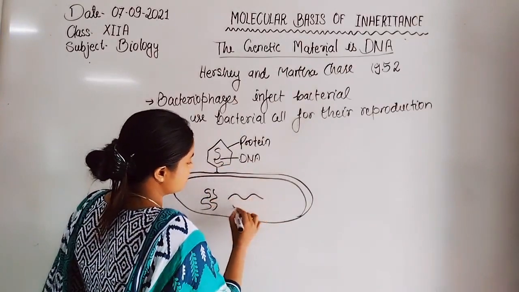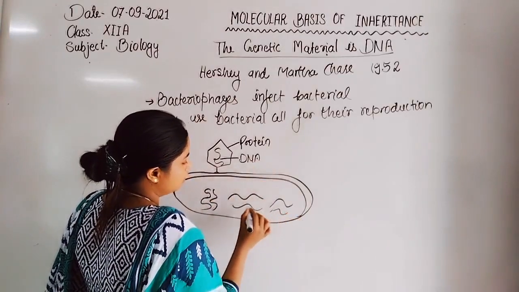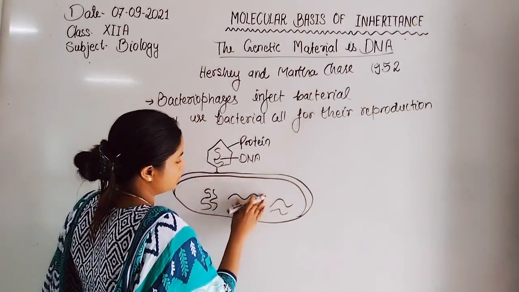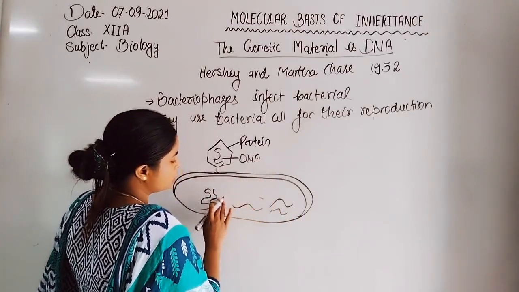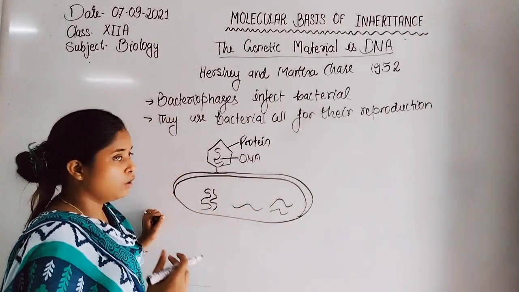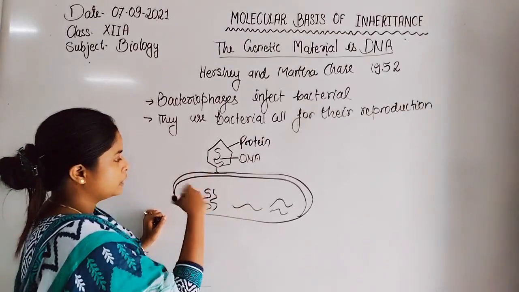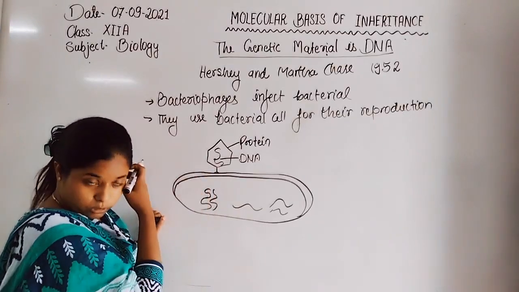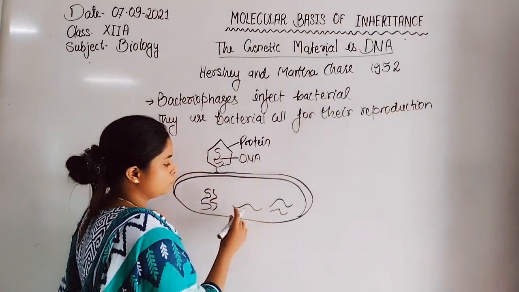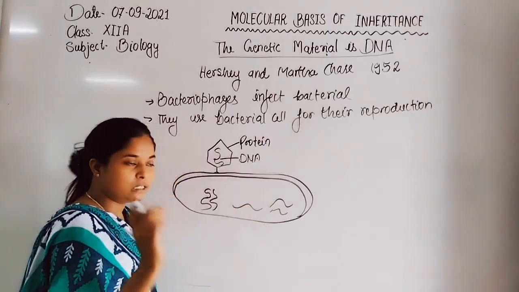Thus several copies of DNA are formed, and the protein coat is also associated with the DNA, because the DNA has the genetic information about the bacteriophage, the information about the type of protein coat. So transcription occurs, mRNA gets formed, and from mRNA protein gets synthesized.